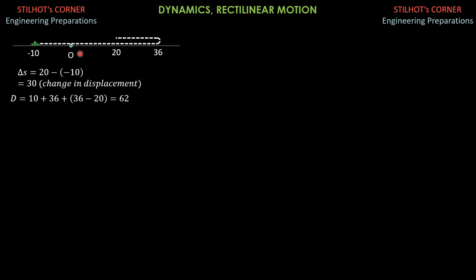So that's the demonstration. I hope that it is clear that the distance is always positive, and it is simply the length of the actual path traced by the particle. Whereas the change in displacement is simply final position, in this case 20, minus initial position negative 10, so 20 minus (negative 10) is 30 meters.